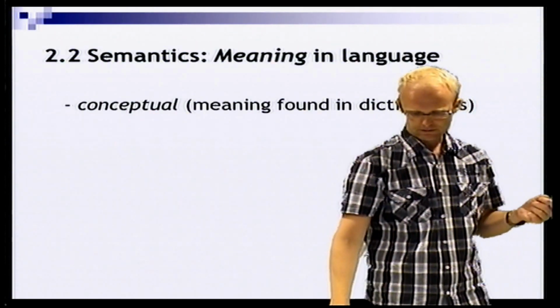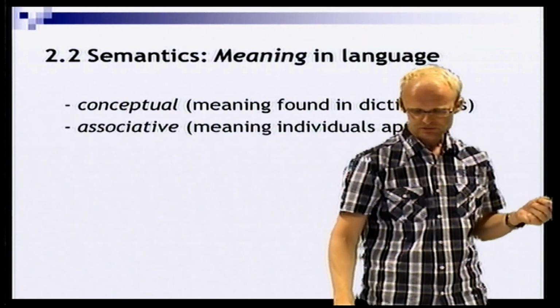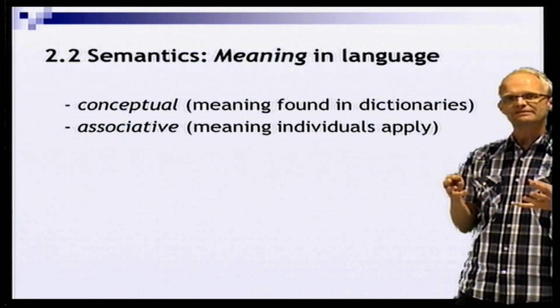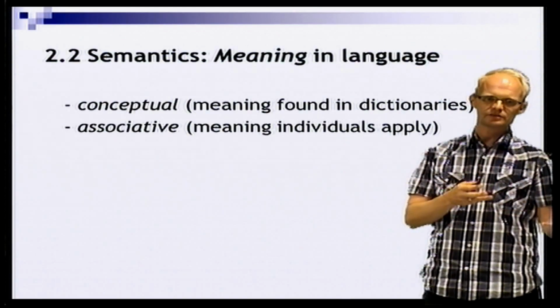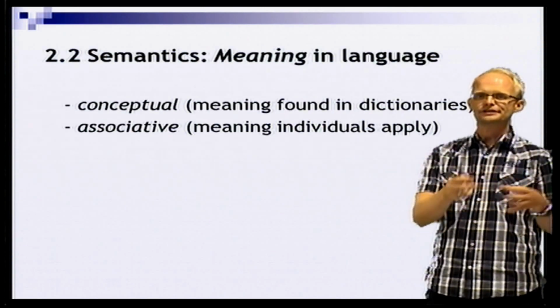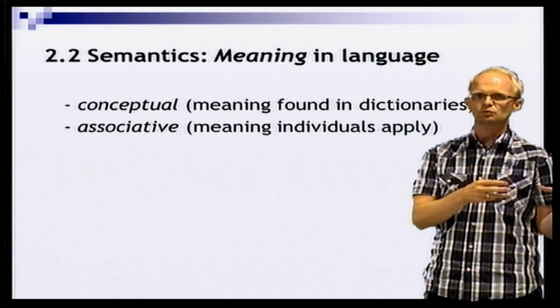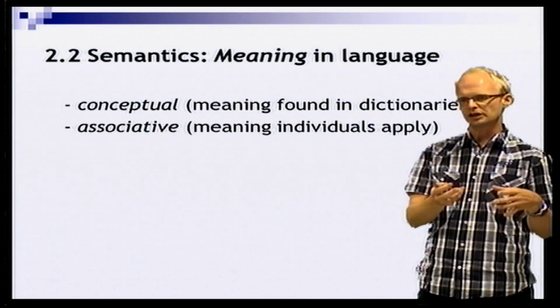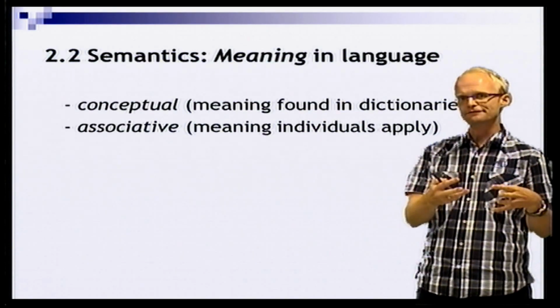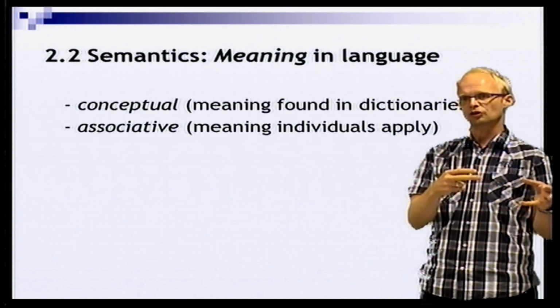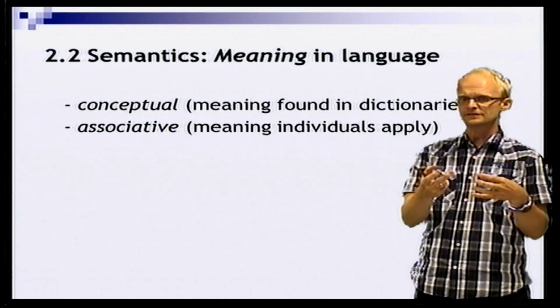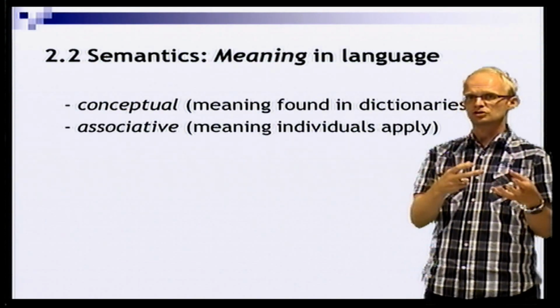Then, in addition to conceptual meaning, there is what we call associative meaning. This is the meaning that individuals apply. Like in this case, the two students had two different notions of the word blunt. In lecture 1, I gave you an example of different associations of the word mountain. So again, there are differences in notions of what words mean.